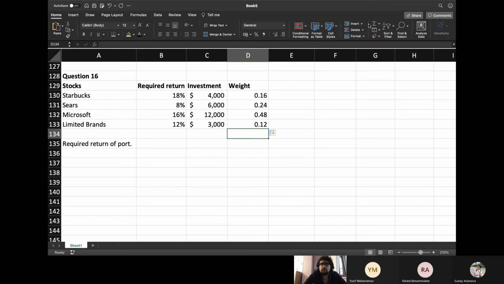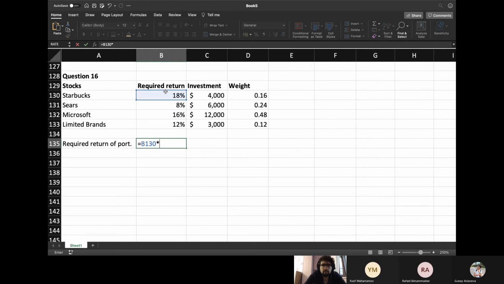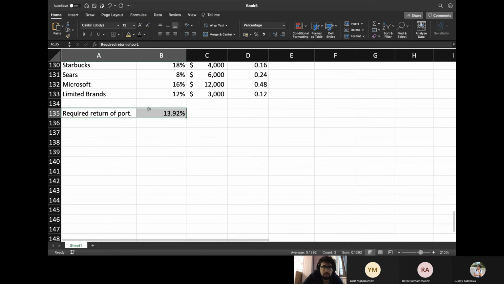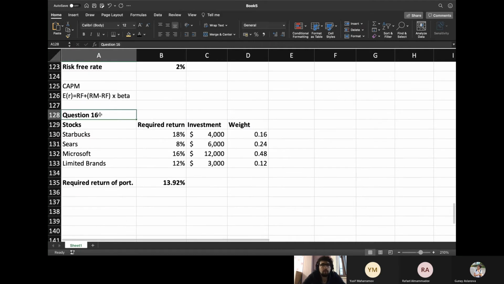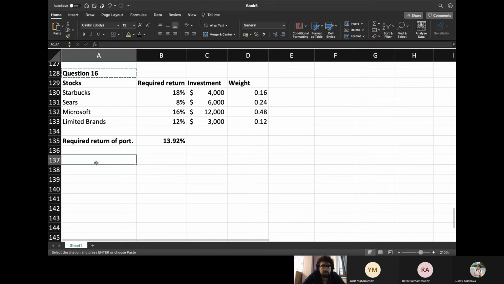Their summation is equal to 1. So in this case, we can easily find the required return of the portfolio, which is 0.92%. Is it clear? Question 17.